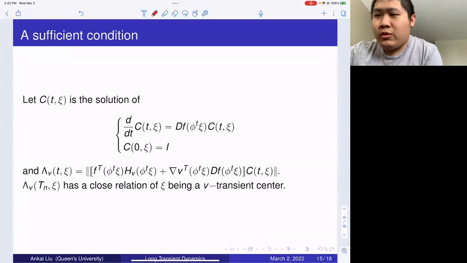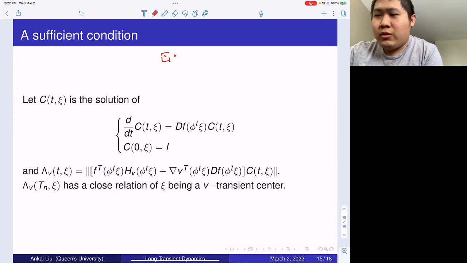Okay, so let's look at another. Next we want to look at a sufficient condition. As we just introduced, big psi gives a necessary condition for a point to be a V transient center, but not a sufficient one.